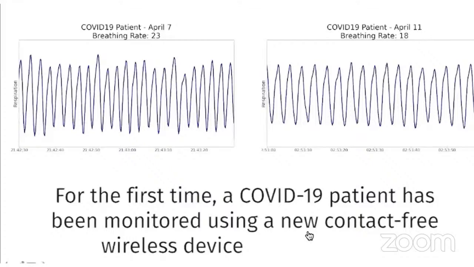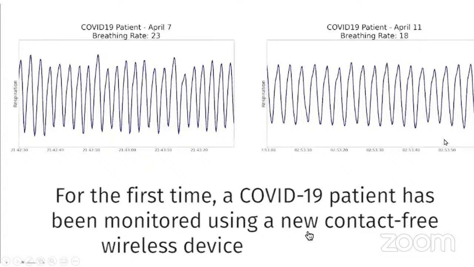So we are showing here two patients. You can see here the breathing rate is 23 for this person on the left. The breathing rate became 18.